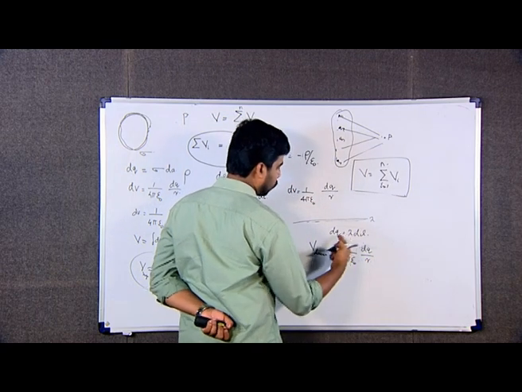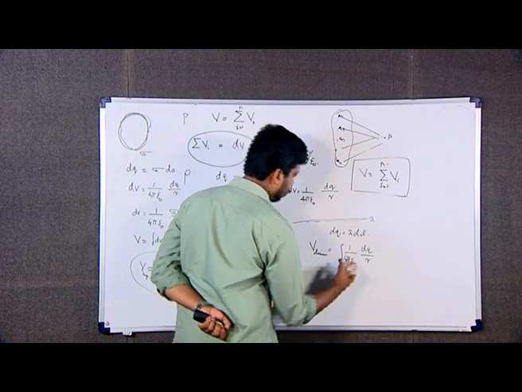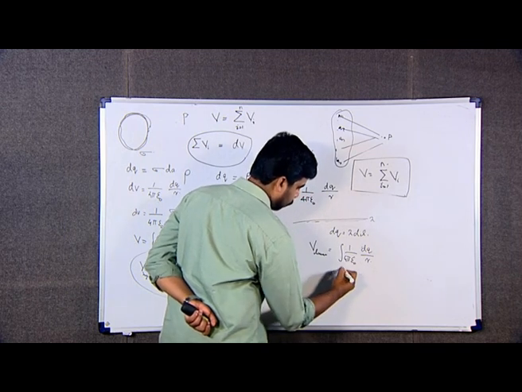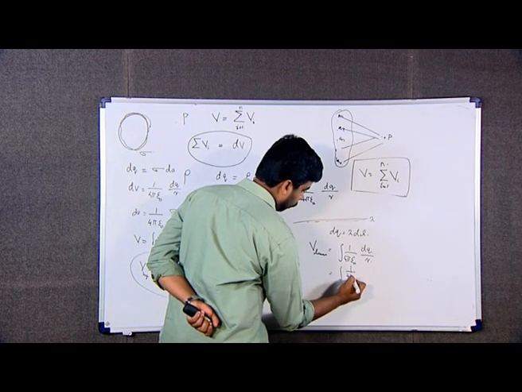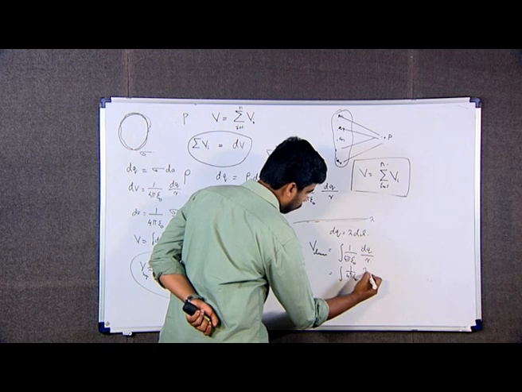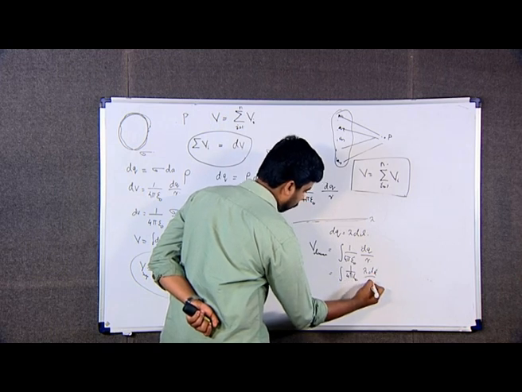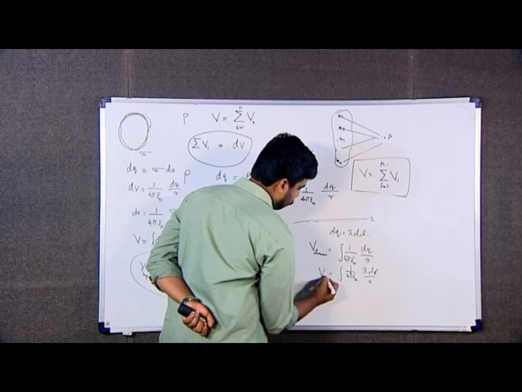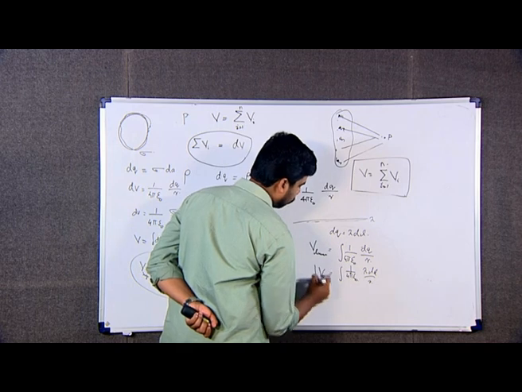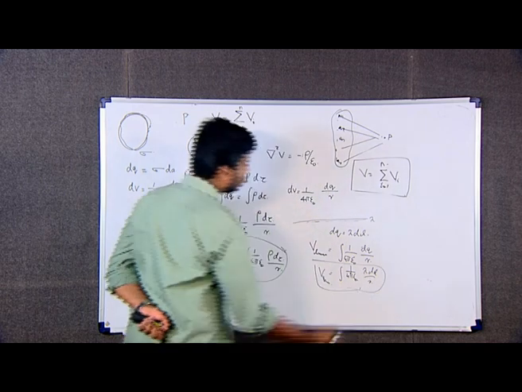So, what is dq actually? It is equal to lambda dl, so V is equal to integral 1 by 4 pi epsilon 0 lambda dl by r. This is the potential due to the linear charge distribution.